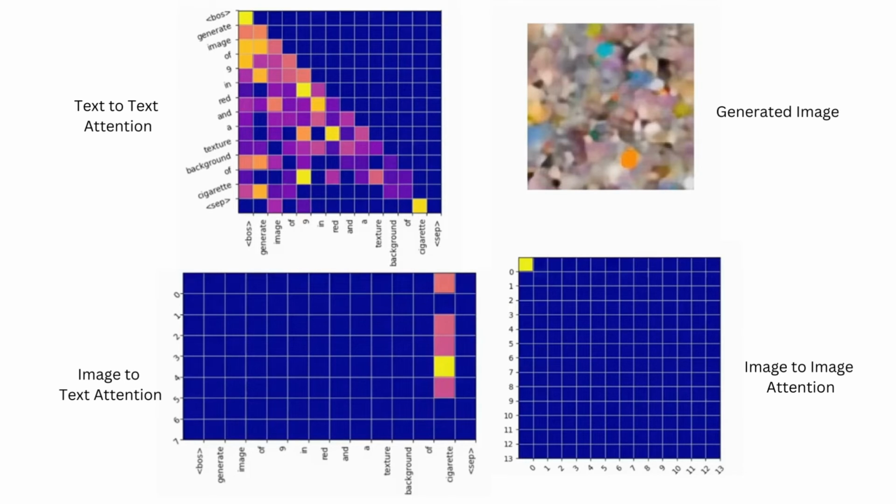Looking at the text-to-text attention, one aspect that was coming out clearly was that the SEP token had a higher attention on the texture names, like in this case cigarette, which makes sense since it's this token's representation that is going to generate the first image pixel. We can see a similar pattern in the image-to-text attention as well, where for the first image token, we get higher attention to the texture name token.